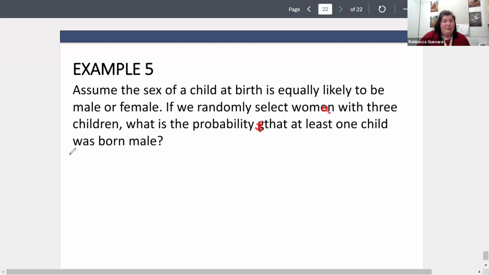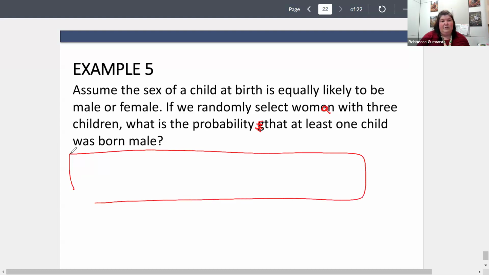Okay, so our sample space is going to be this. I can have all boys. I can have a boy, then a girl, then a boy. I could have had a boy, then a girl, then a girl. I could have had a boy and a boy, then a girl. I could have had a girl, a girl, a girl.